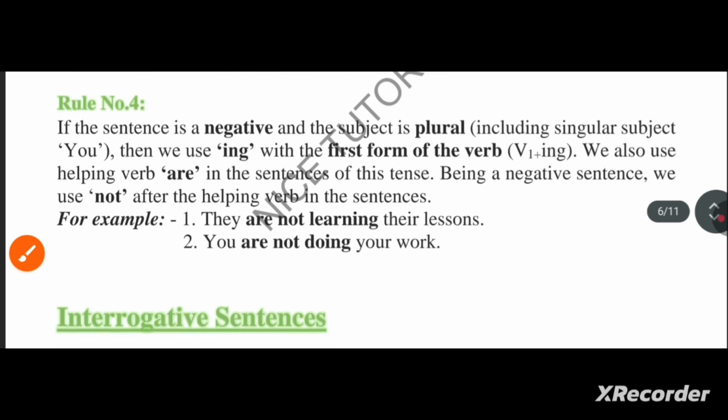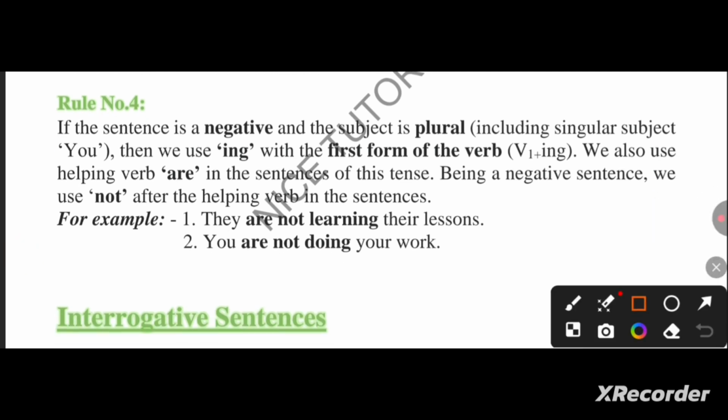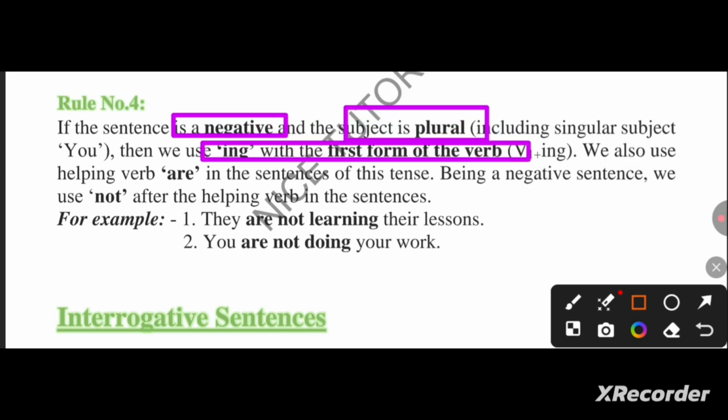Now, again, if the sentence is a negative one and the subject is plural, then we again use ing with the first form of the verb and the helping verb are, because the subject is a plural one.